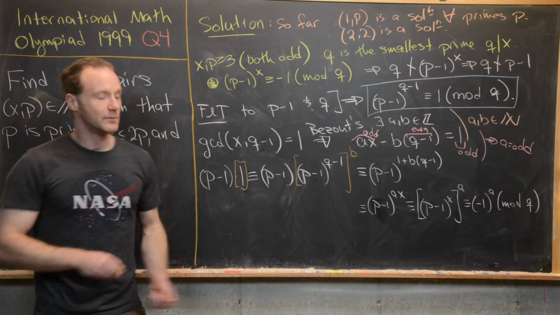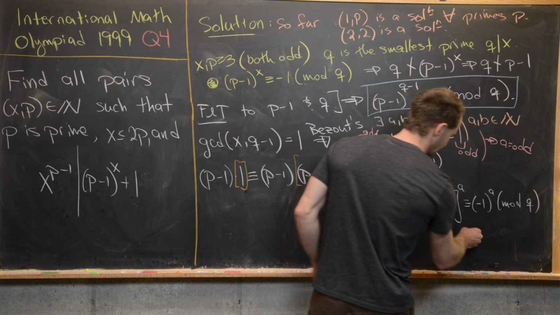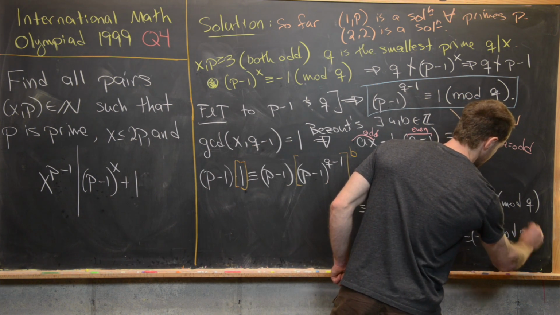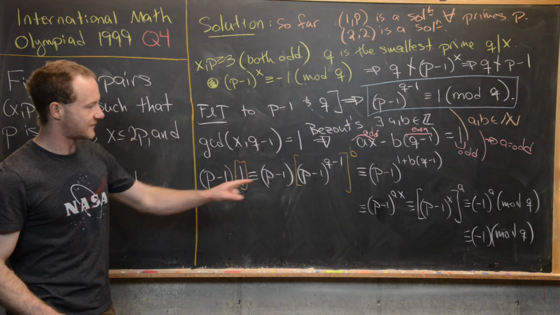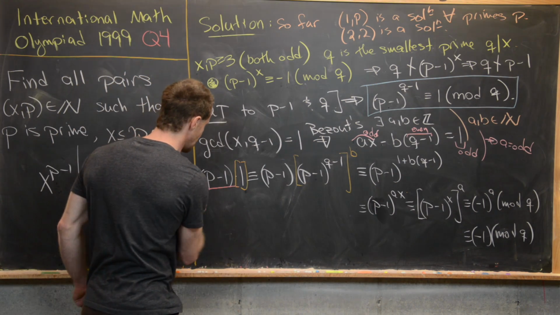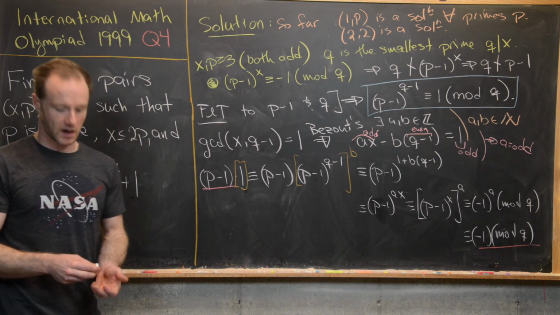Good. But now if we take -1 and raise it to an odd power, we're clearly going to get -1. So this is congruent to -1 mod q. Good. So what we really want to do is look at the extreme left and right hand side of this equation. And notice that we have p minus 1 is congruent to -1 mod q.